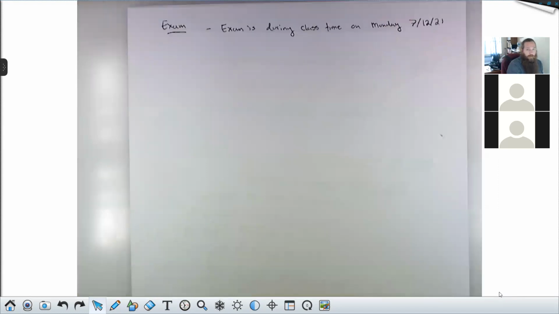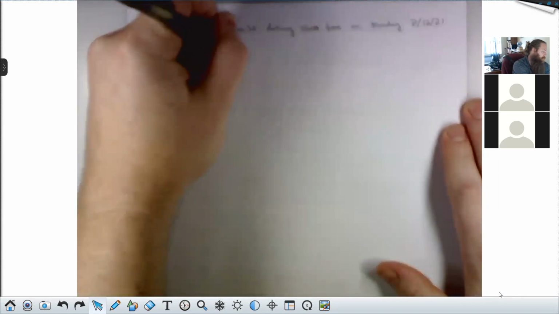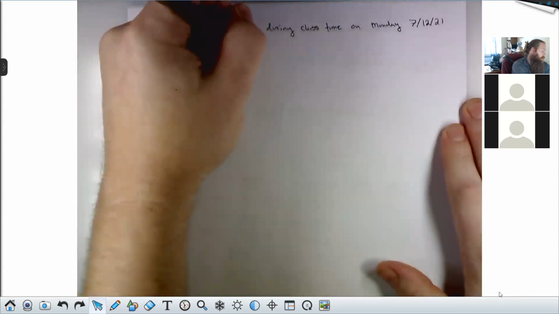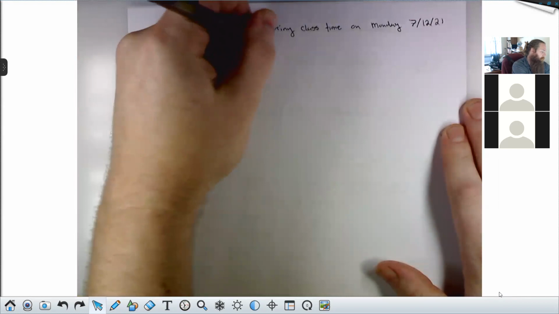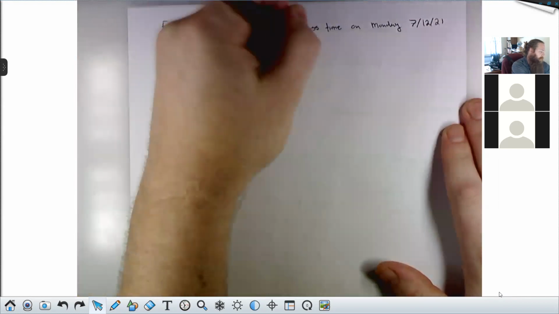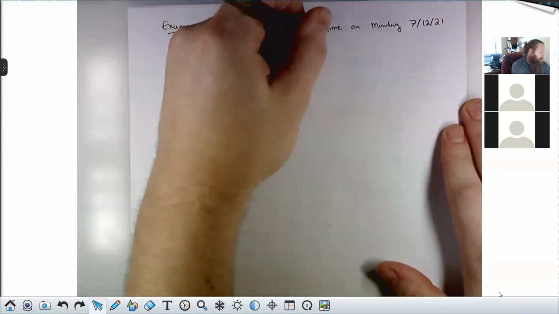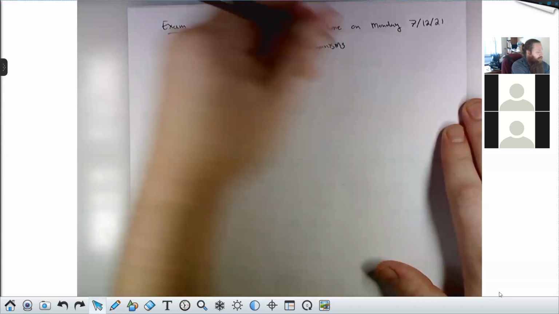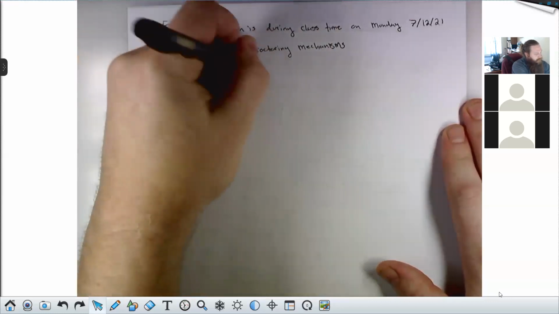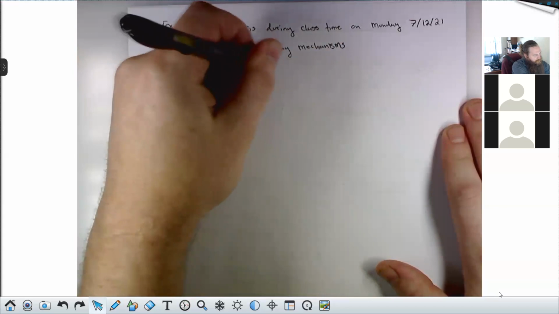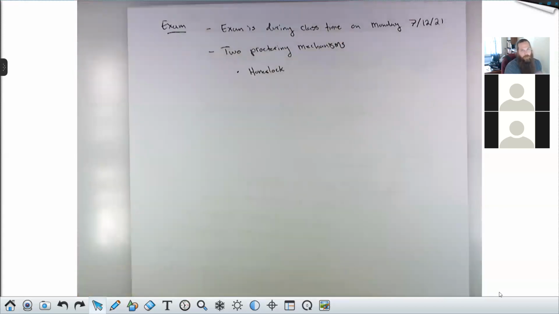There are going to be two mechanisms for proctoring. One of which is HonorLock. And for HonorLock, you need to use the Chrome browser.